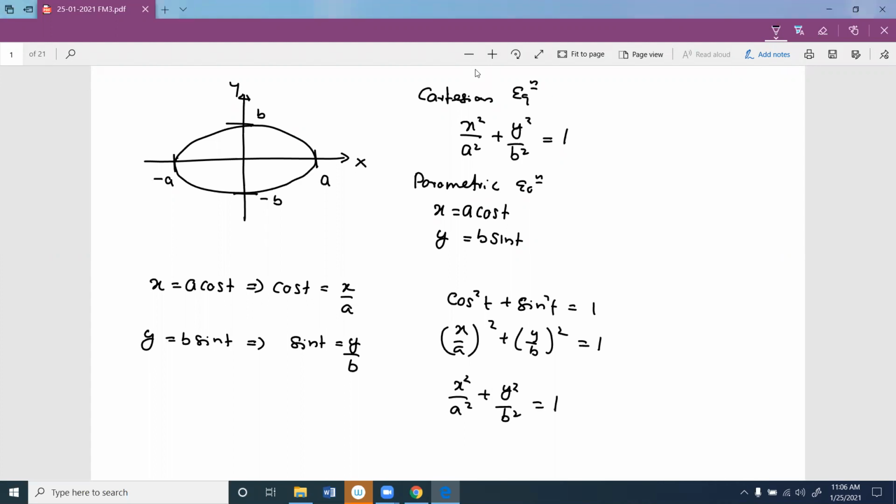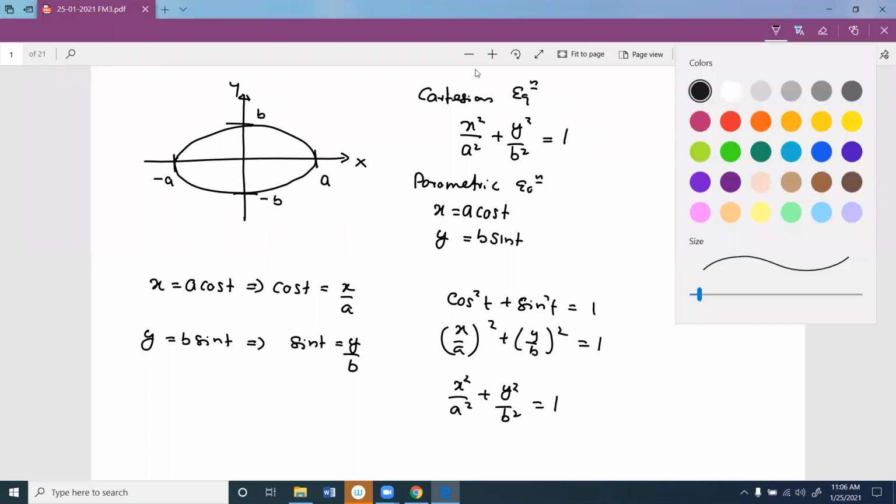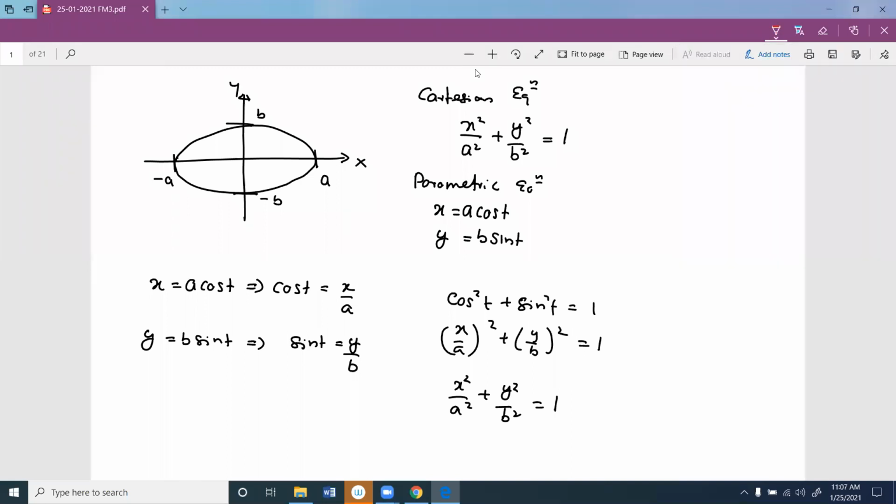So this is the Cartesian equation and the parametric equation of an ellipse. You should know the parametric equation and the Cartesian equation, and we should know how to do this proof from the parametric equation.